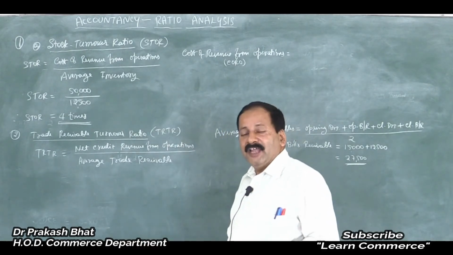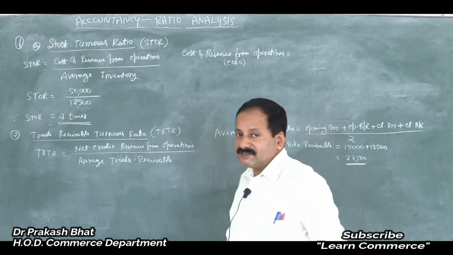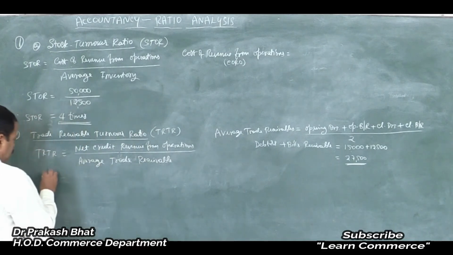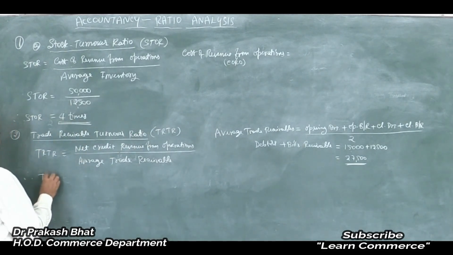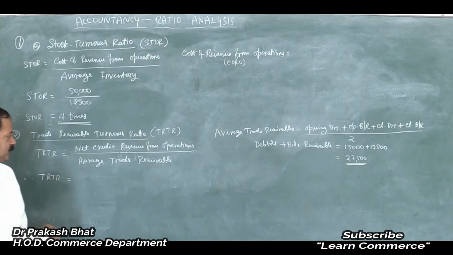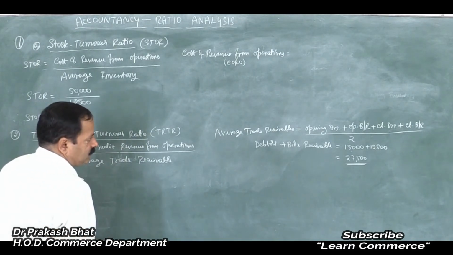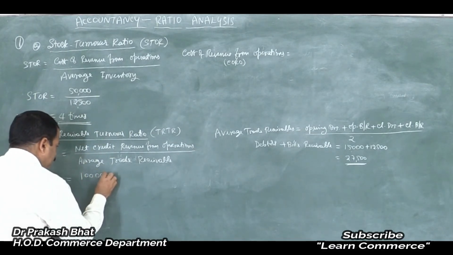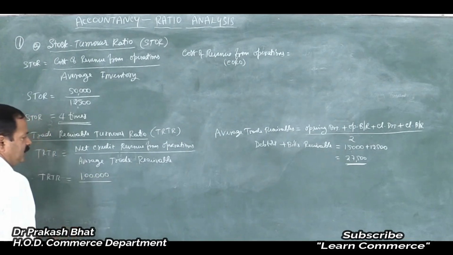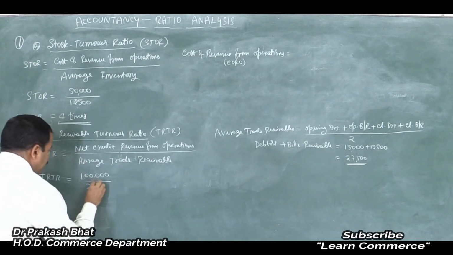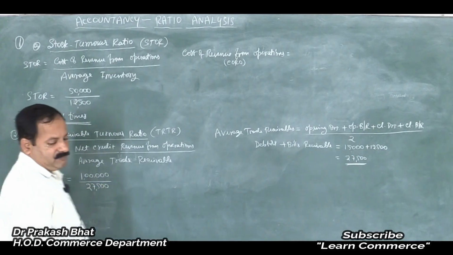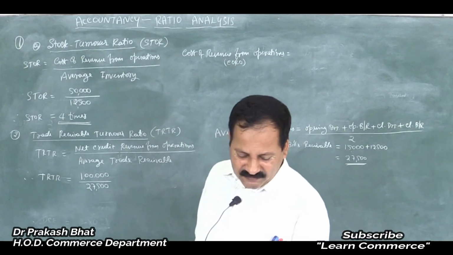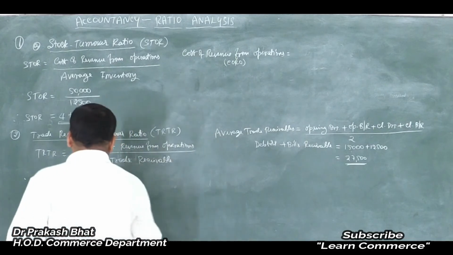That itself is the average trade receivables. Now substituting the formula, therefore trade receivables turnover ratio is equal to how much? Net credit revenue from operations 1 lakh, you know it very well, divided by average trade receivables we have already calculated, 27,500. Now find out how much it is. 3.64, is that correct?